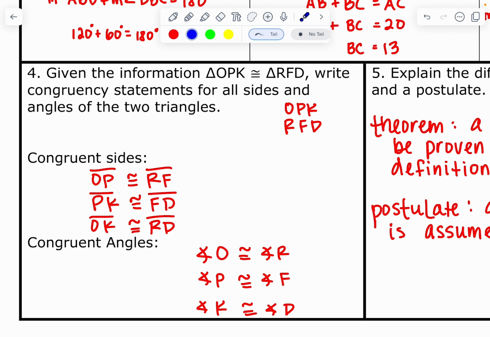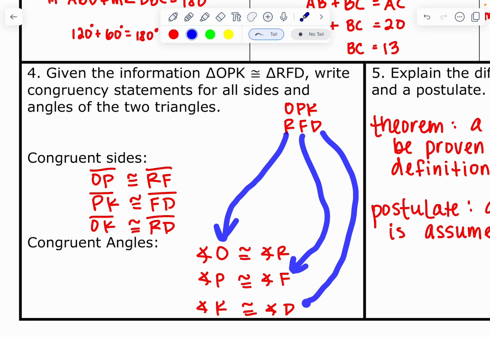So OP and RF are congruent sides, and we know this because the triangles are congruent. And then PK and FD are congruent, and then OK and RD are congruent. And the same thing for the angles here. You can see that, that, and that.